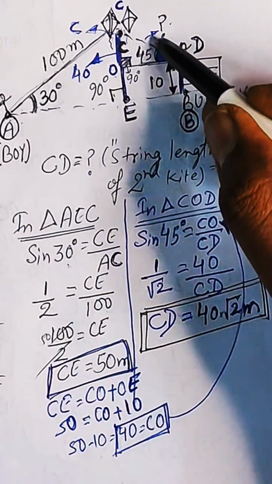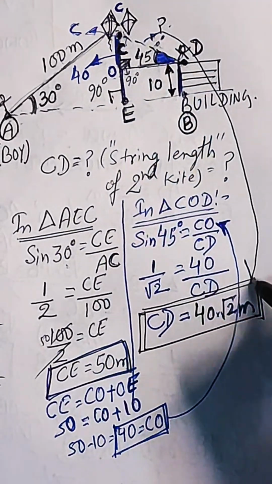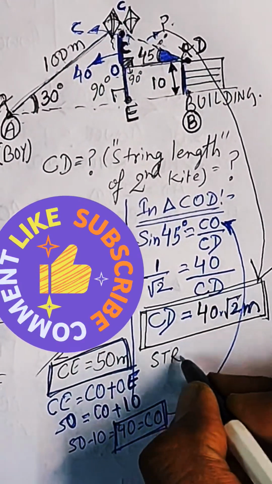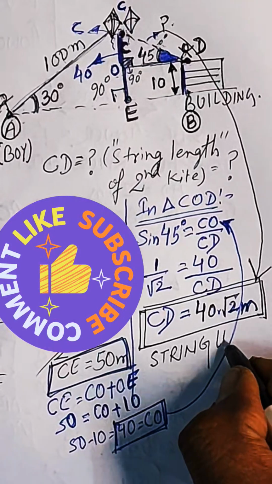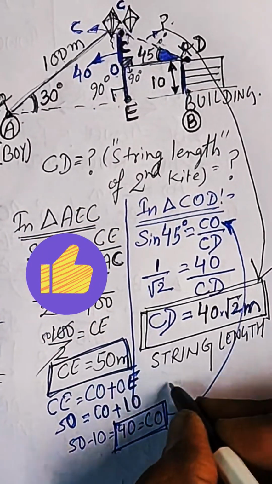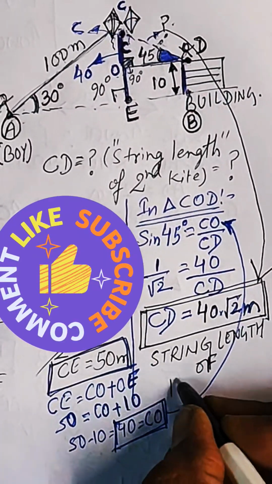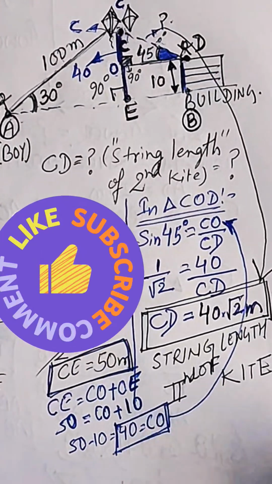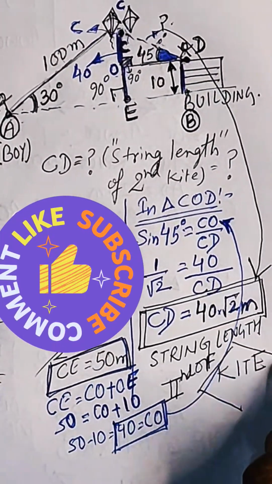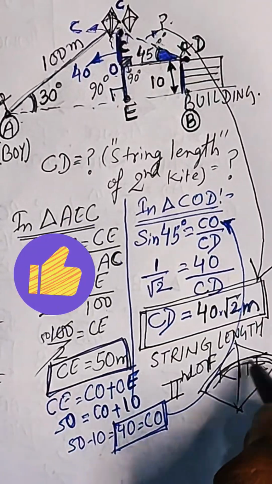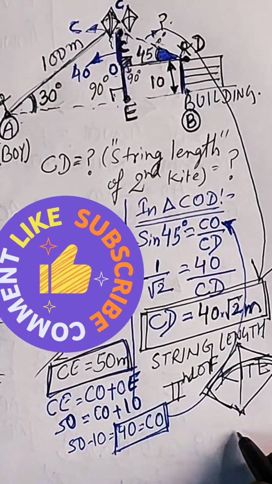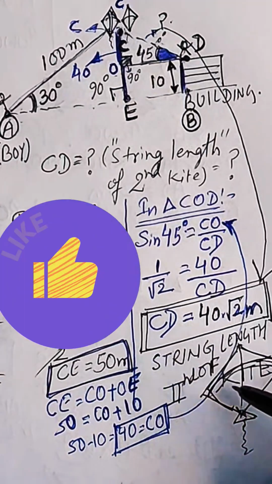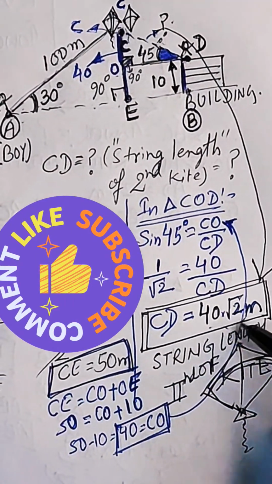And in this way, we have solved this question, my dear friends. So the string length of the second kite is calculated as 40 root 2 meter.